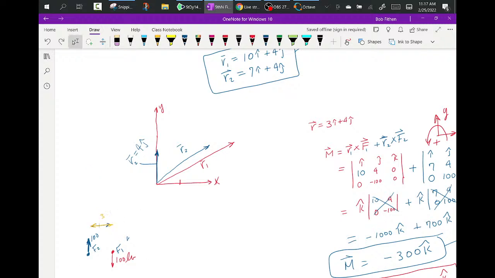So now I can go in and do my R1 vector. This time I'll say R1. Now what I'm going to do is kind of weird. Let's say R1 is, I don't know, some value.